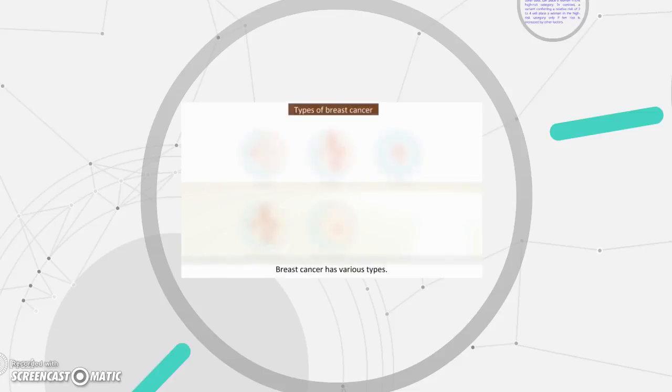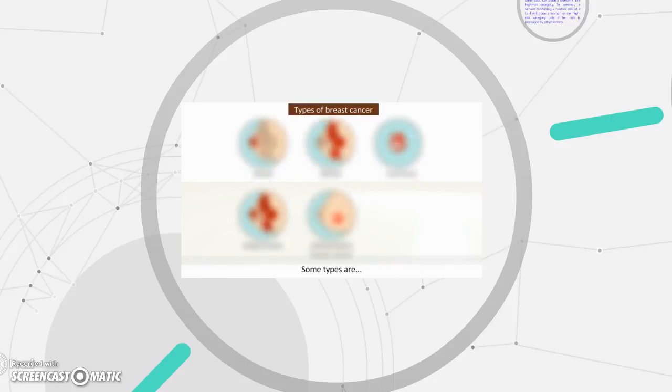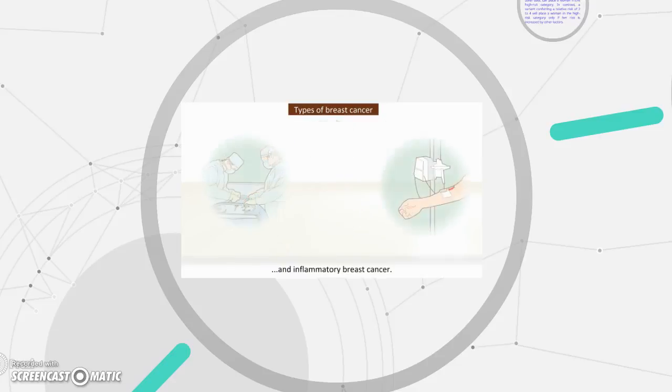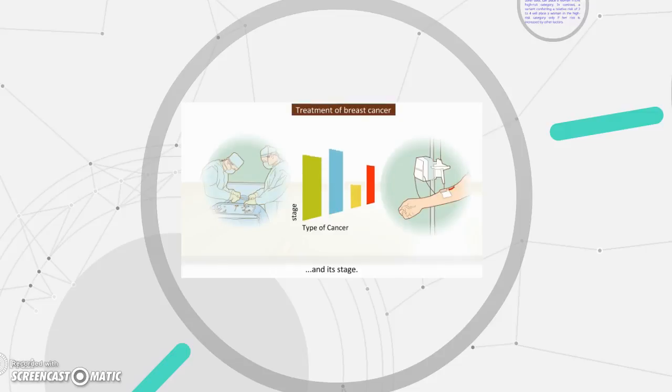Breast cancer has various types. Some types are ductal carcinoma, lobular carcinoma, mucinous carcinoma, mixed tumors, and inflammatory breast cancer. Treatment of breast cancer is dependent on the type of cancer and its stage.